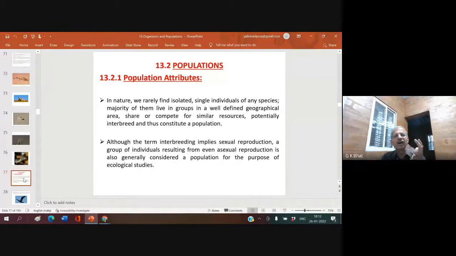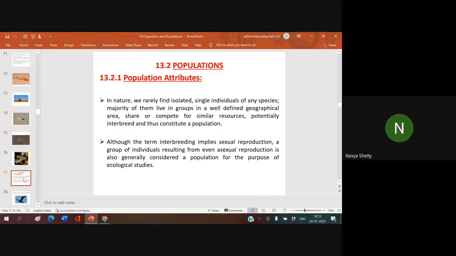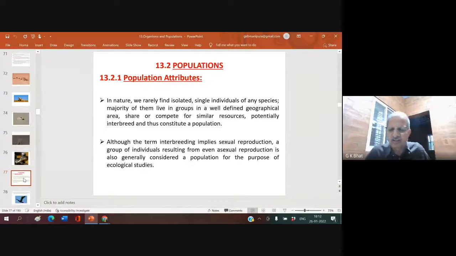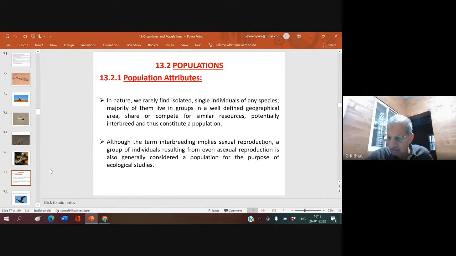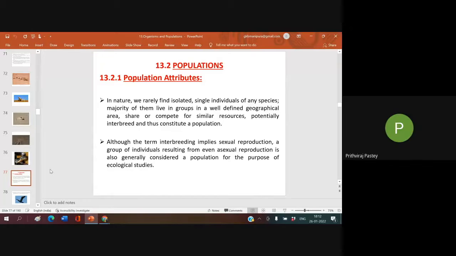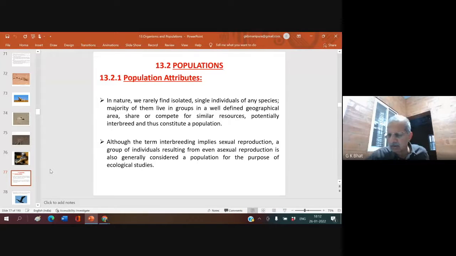Seven sisters. Okay. Have you understood, Kavita? Kavita is not there. Janani? Yes, sir. Any doubt? No, sir. Lohit? Prithviraj? Yes, sir. Rakesh? Yes, sir. Any doubt? No, sir.